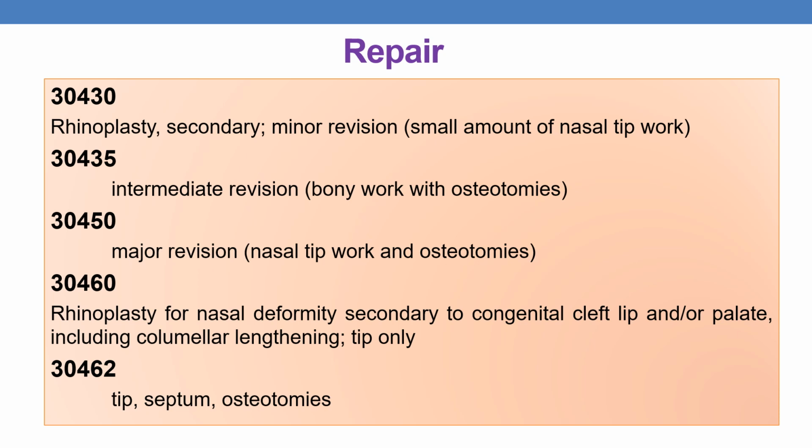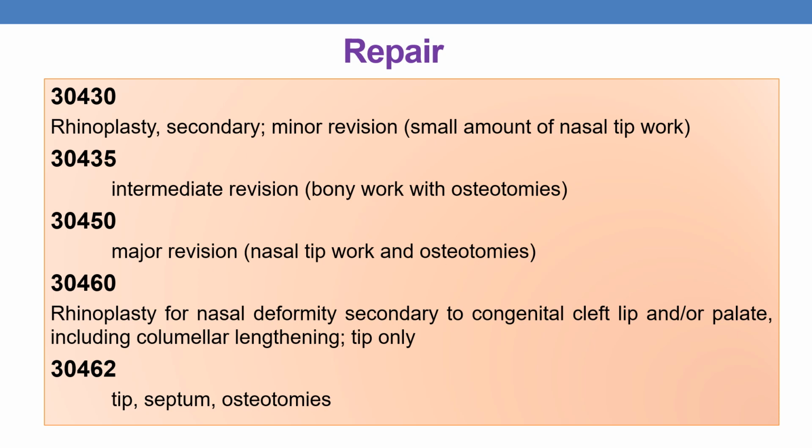The next CPT is 30460. Rhinoplasty for nasal deformity secondary to congenital cleft lip and or palate, including columellar lengthening, tip only. If the rhinoplasty is performed for the nasal deformity due to congenital cleft palate or cleft lip, the CPT is 30460.